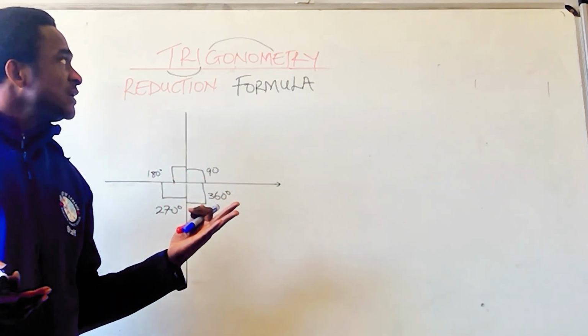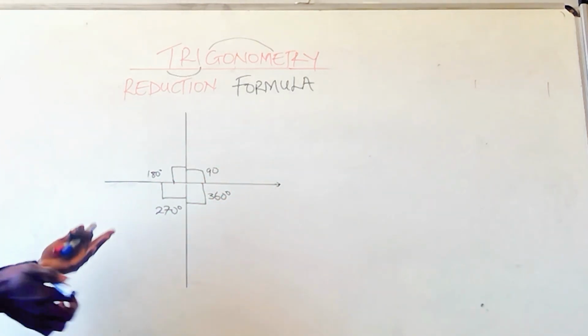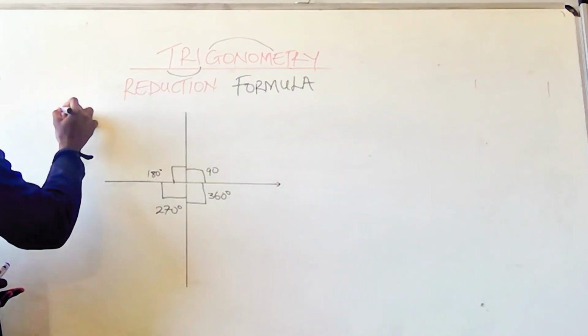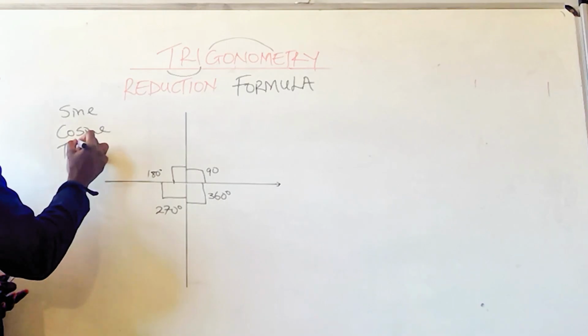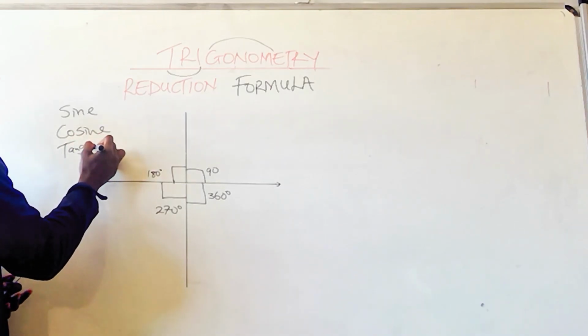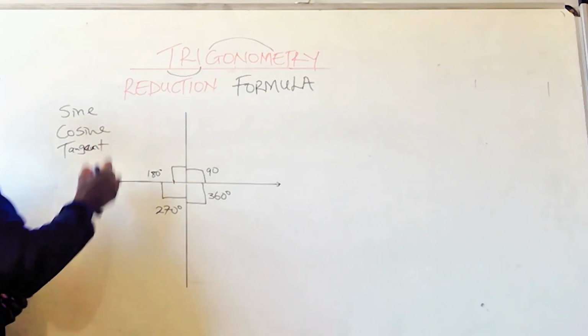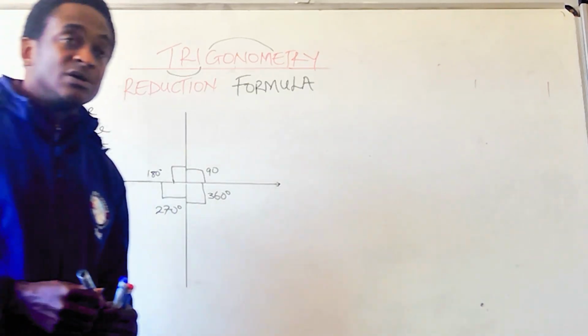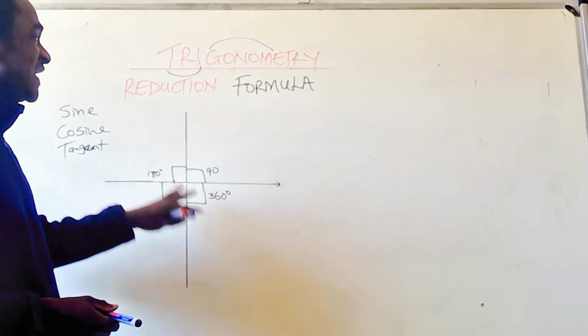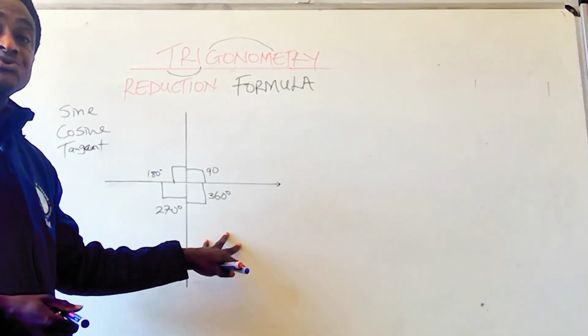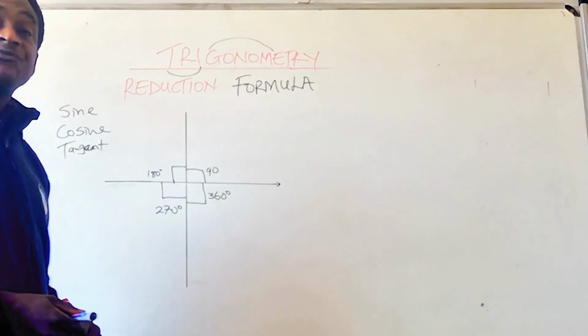As we did in grade 10, we know that we have the 3 identities, which is the sine, the cosine, and the tangent, which is sine, cos, and tan for shortcuts. So we are going to use 3 of them to build our base. This is like the foundation of everything we are going to do on the reduction formula.